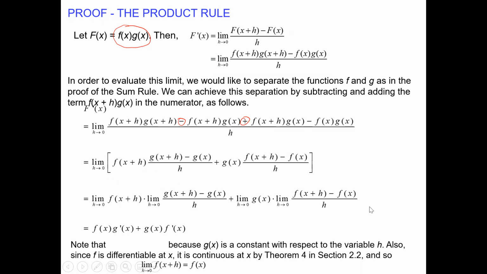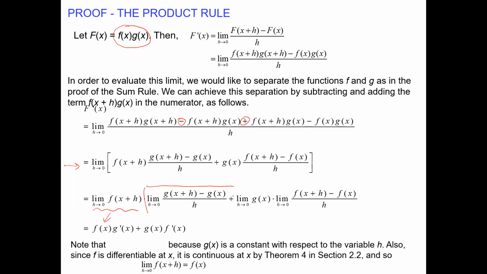And you may notice what I'm getting at the end. Let's look at that line. I didn't explain that line, but you can check what I did. I just split into two limits, keeping half of the terms for this part and half for that part. The limit of f of x plus h, as h goes to 0, is f of x.